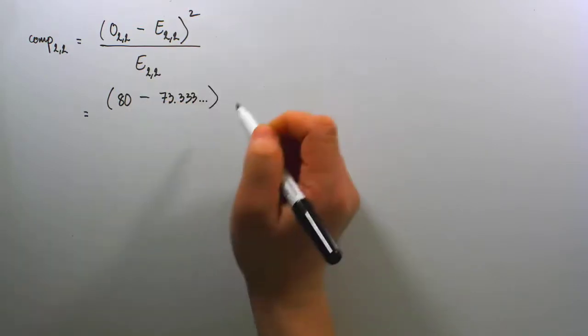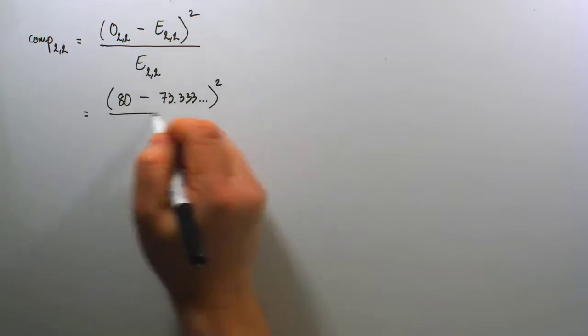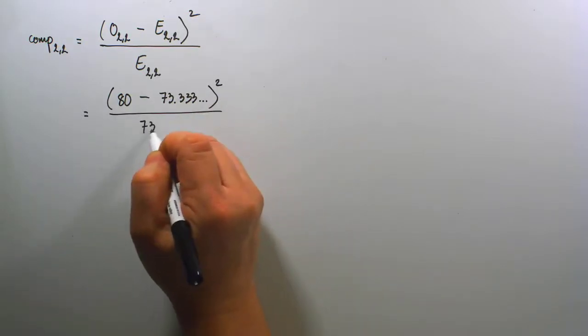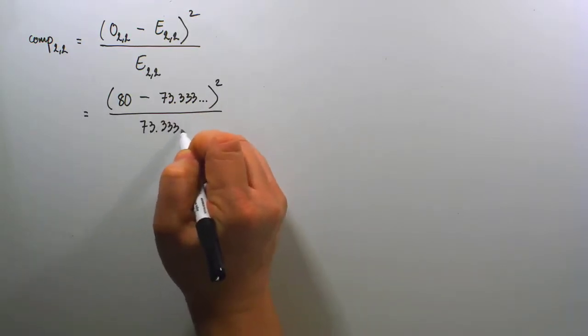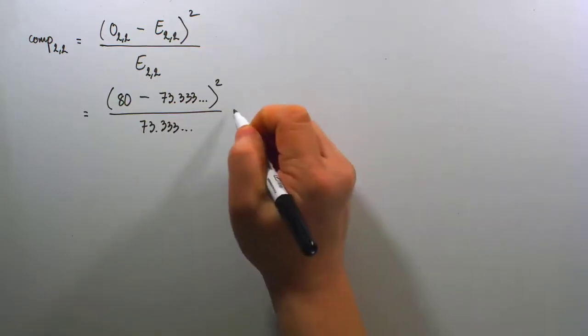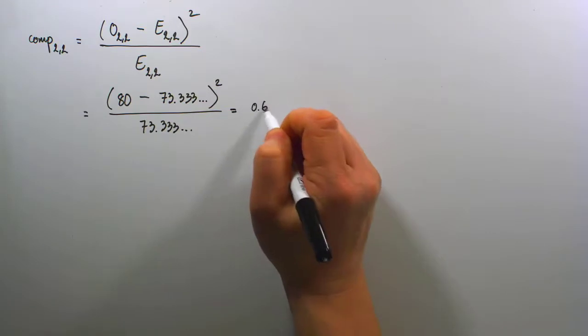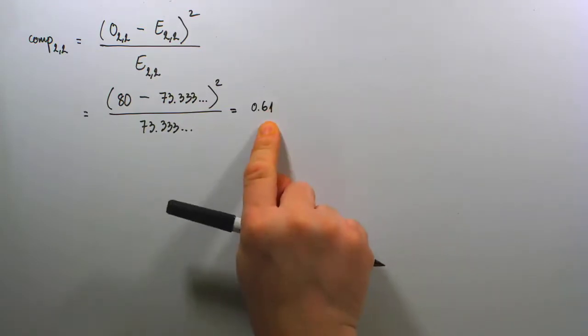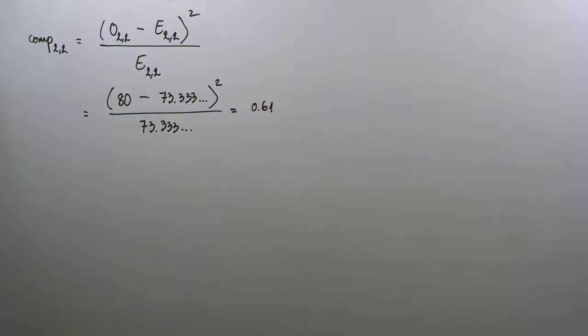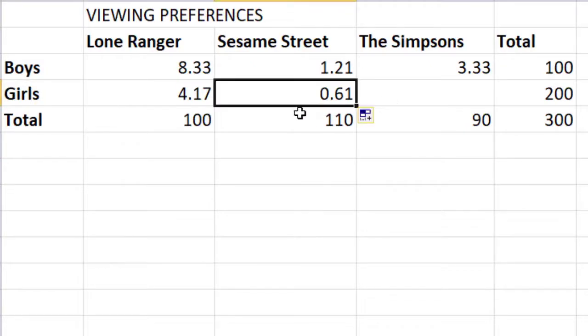Subtract the two, square the difference, and divide it by 73.3333. My final calculation came out to be 0.61 after being rounded to 2 decimal places. And so now I am going to enter that component value 0.61 into my empty table here for row 2, column 2 of my current table.